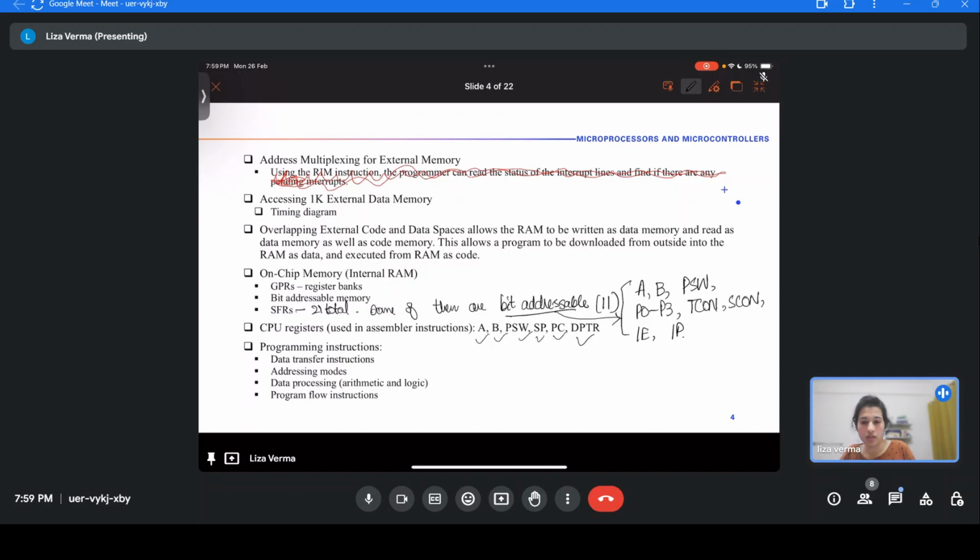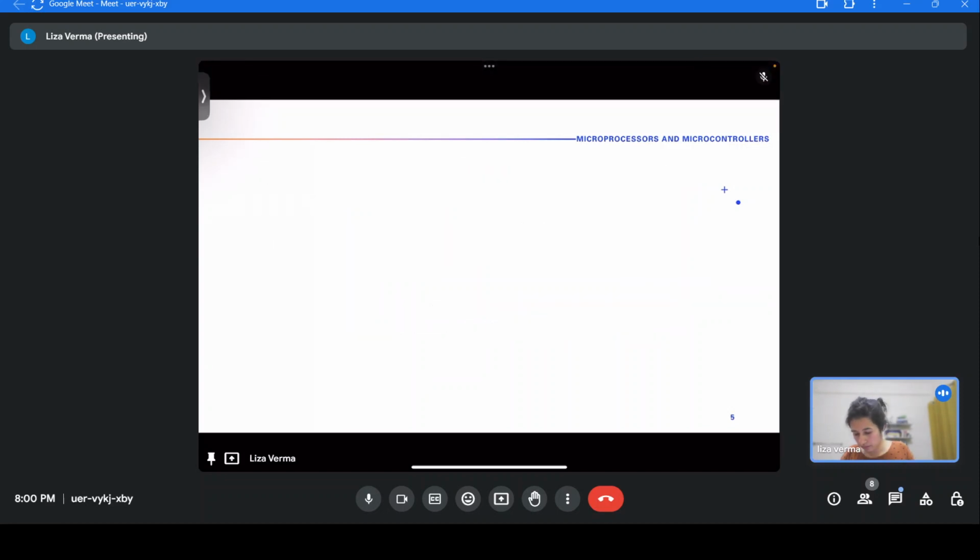There are transfer instructions, addressing modes, data processing, program flow instructions. Some of the examples I can give you right now. They're similar to 8085 only, and I don't think all of them are discussed in the lectures completely.